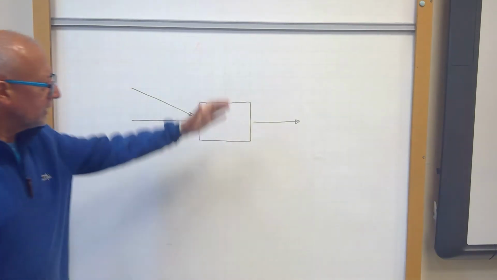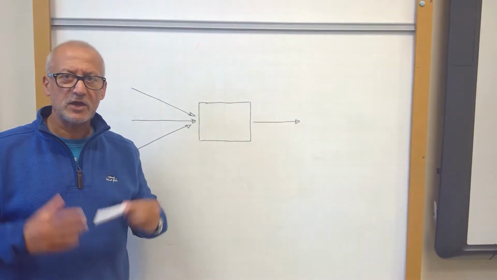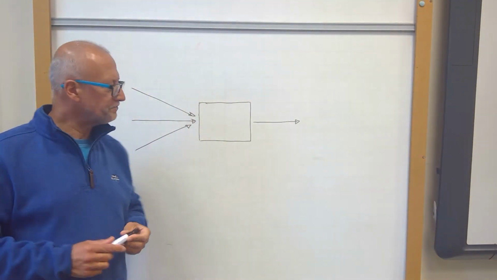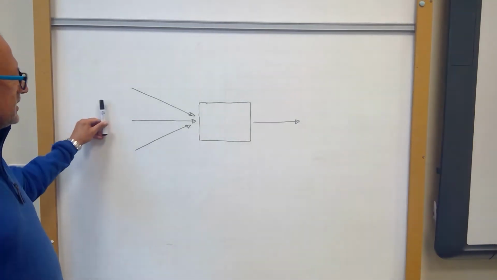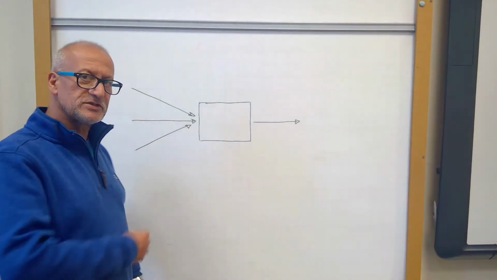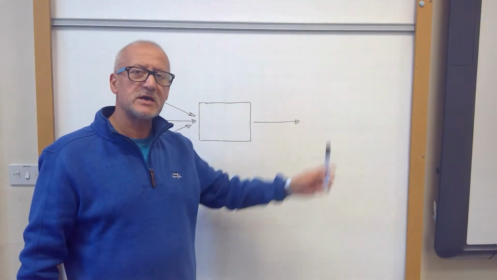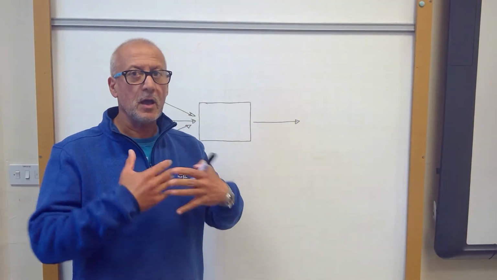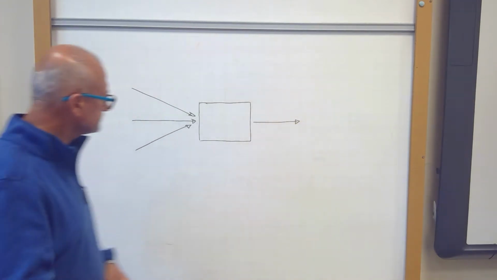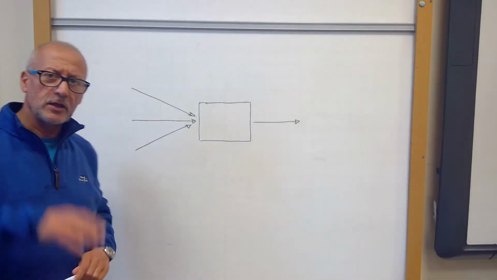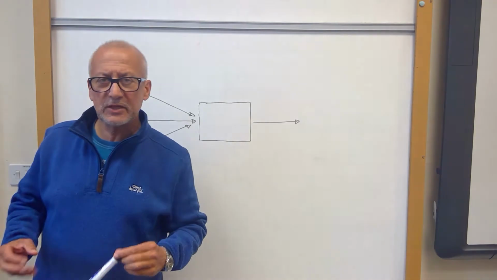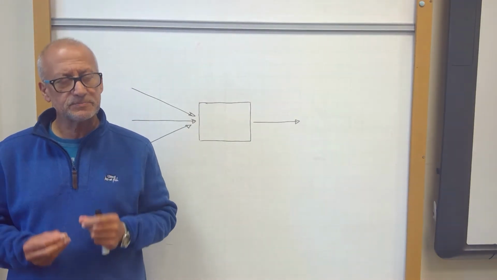Okay, so I've drawn a little diagram here to try and illustrate what I mean by that. On this diagram, think of this side of the diagram as representing resources, the limited resources, and think of that side of the diagram as representing unlimited needs and wants. Resources, remind you again what we mean by resources in economics.